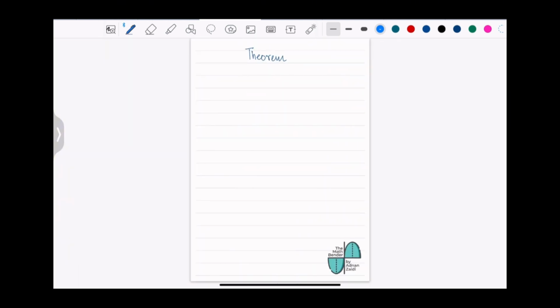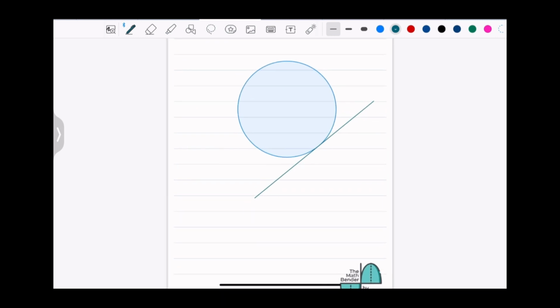Let's look at another theorem here. So let's say I draw a circle and a line that just passes through at one point and does not enter the circle, let's say point P. So this line here is called a tangent.